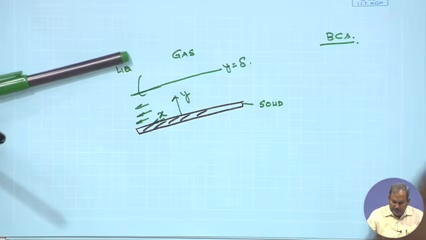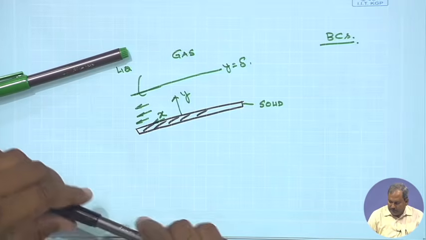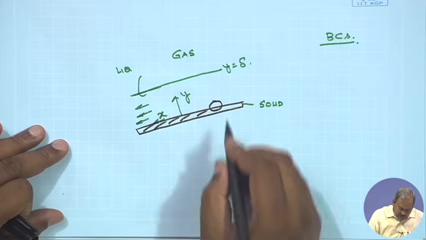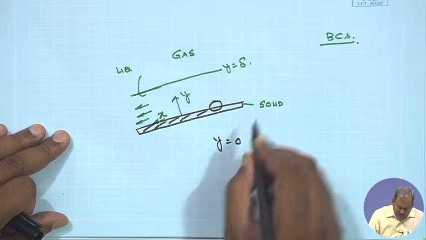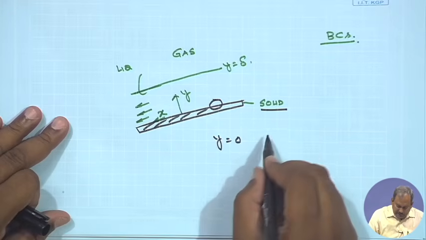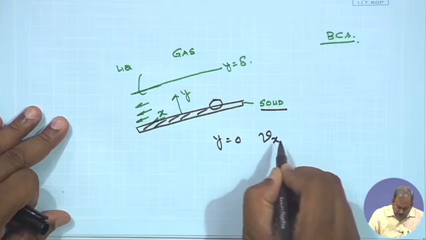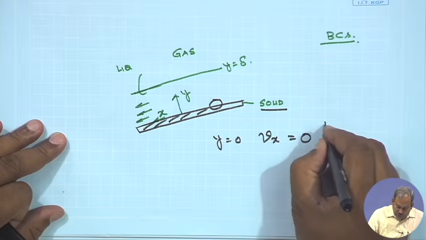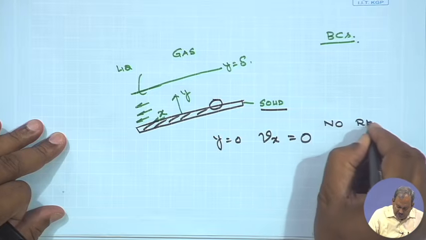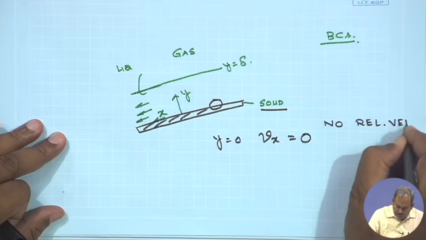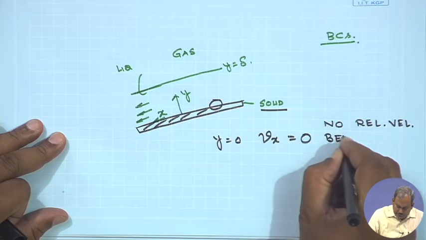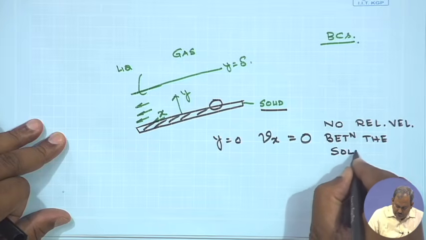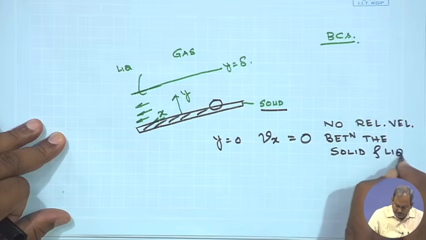So, the boundary condition that one can expect is: what is the velocity at y equals 0? At y equals 0, since the solid plate is static, Vx, the velocity in the x direction, would also be equal to 0. What it means is that there is no relative velocity between the solid and liquid.